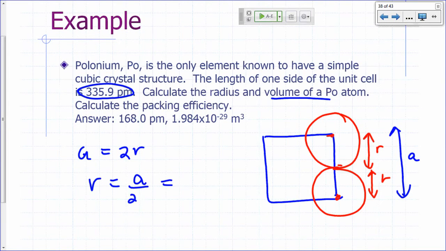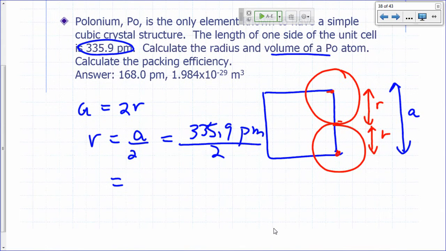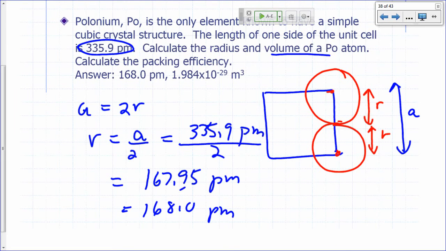What's our a? 335.9 picometers divided by 2, which gives us 167.95 picometers. So it's about 168.0 picometers if you do your sig figs. That's the radius of your polonium atom.